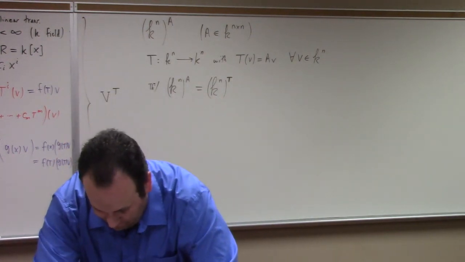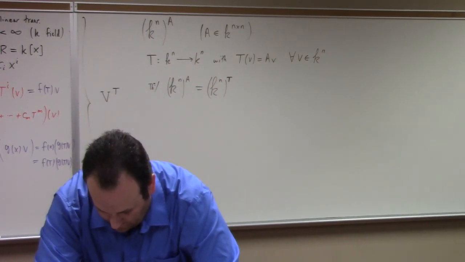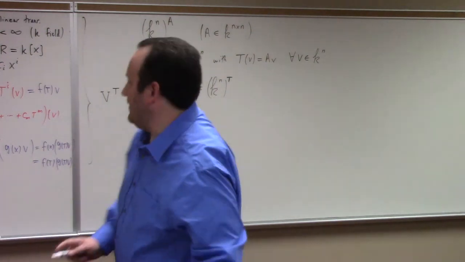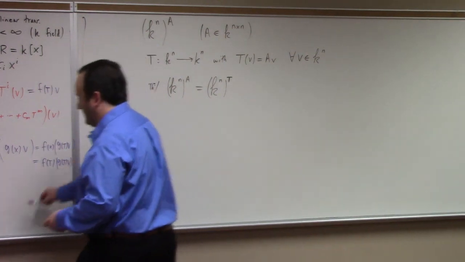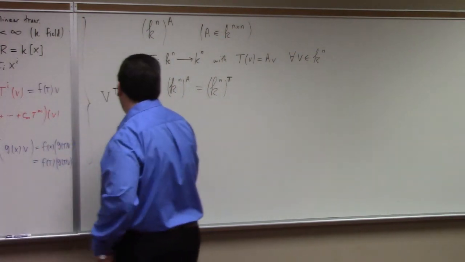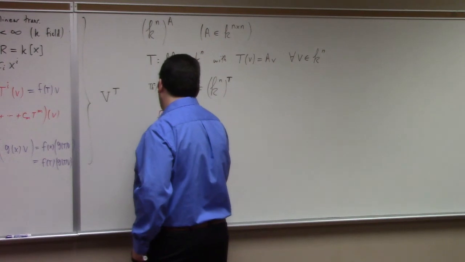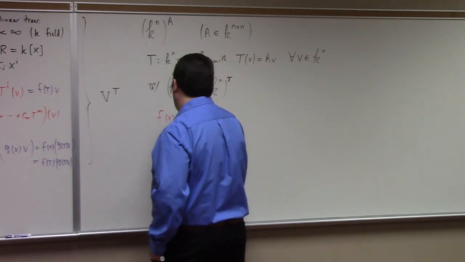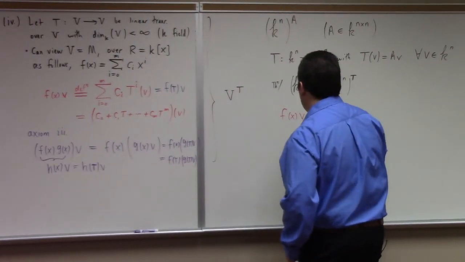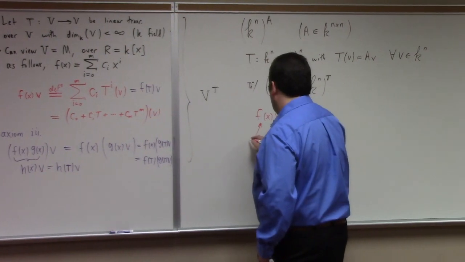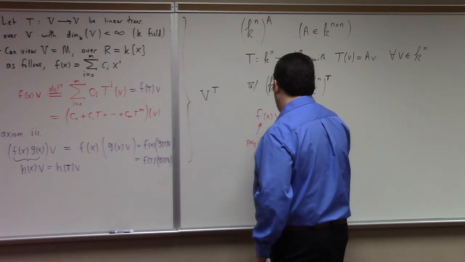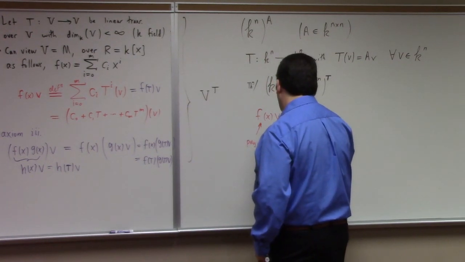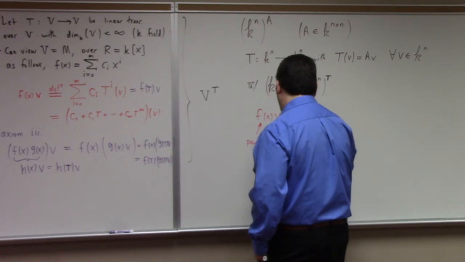Let's see here. But I think you could tell me what the analog would be if I take f of x acting on v, where f is a polynomial in k[x] and v is an n-vector over k.